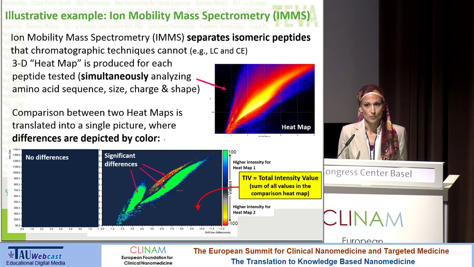If you want to compare many different such experiments of comparison heat maps, you often summarize the entire differences in the picture into total intensity values, and then I will show you later, you can compare those. I want to emphasize the point that IMMS lets you evaluate differences at the pixel level. So it's a very high resolution methodology.